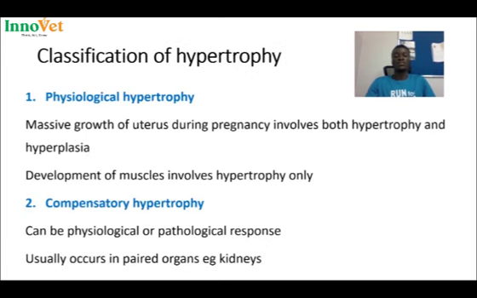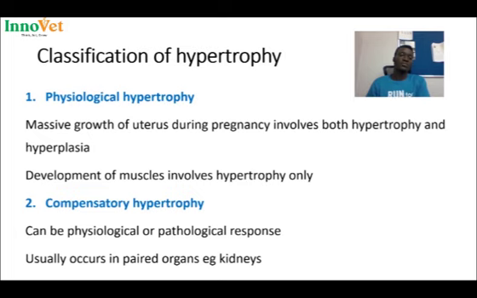Then we have classifications of hypertrophy. Hypertrophy is basically classified into two: physiological hypertrophy and compensatory hypertrophy. Physiological hypertrophy is caused by specific hormonal stimulations or by hormonal imbalances.